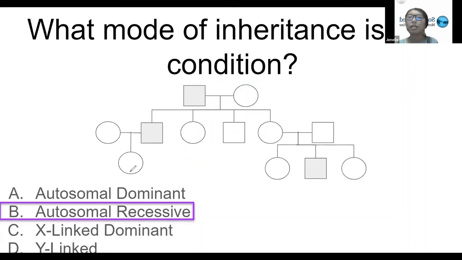Okay. And then in terms of autosomal dominant versus autosomal recessive. Kind of like what I mentioned earlier, if this was an autosomal dominant trait, the person could be big A, big A, or big A, little a. And in that case, this wife would have to be little a, little a.